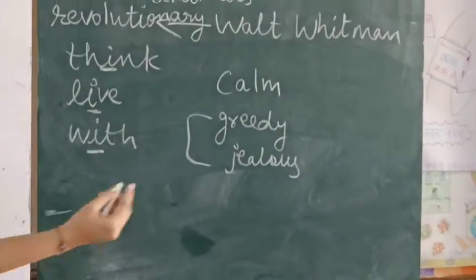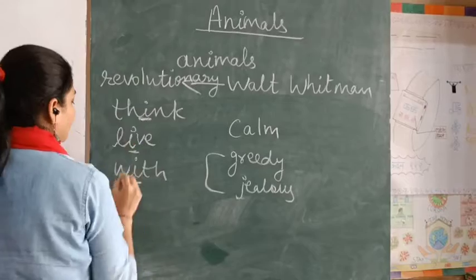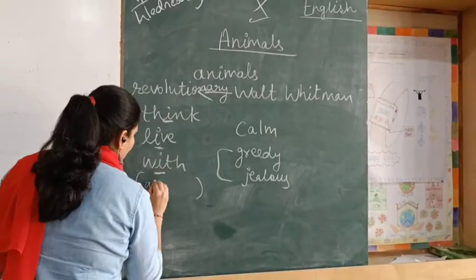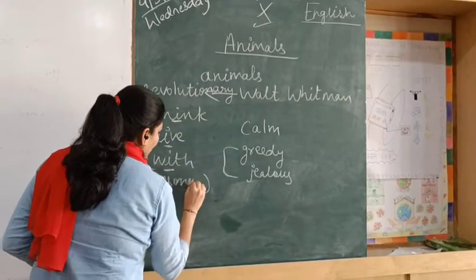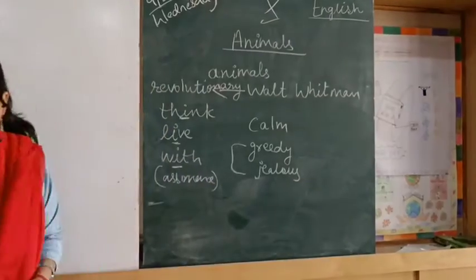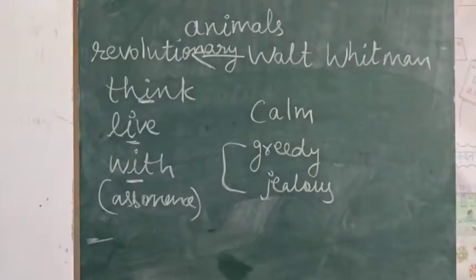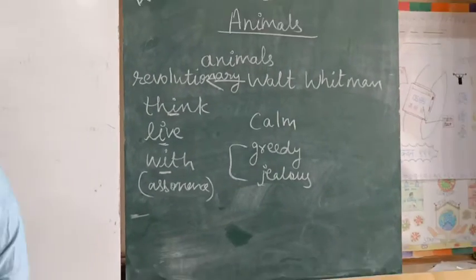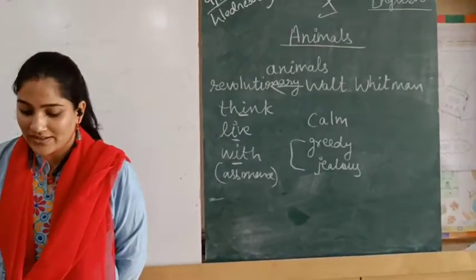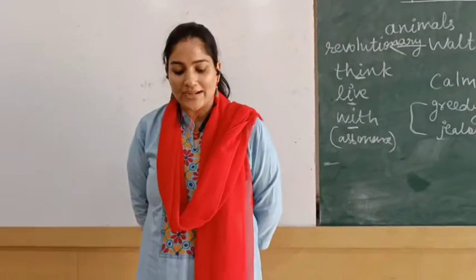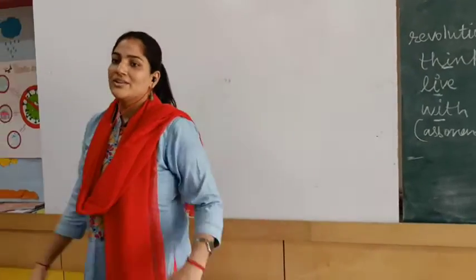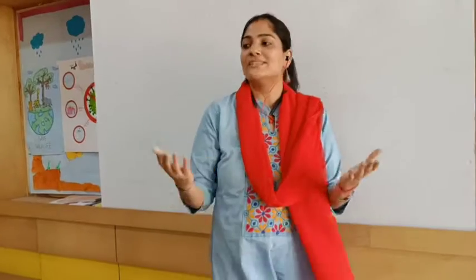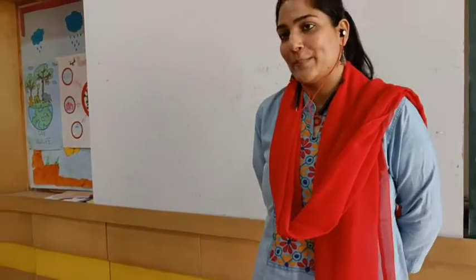Okay? This is called assonance. So, I think I could turn and live with animals. They are so placid and self-contained. I stand and look at them long and long. So now, who can summarize these 3 lines?